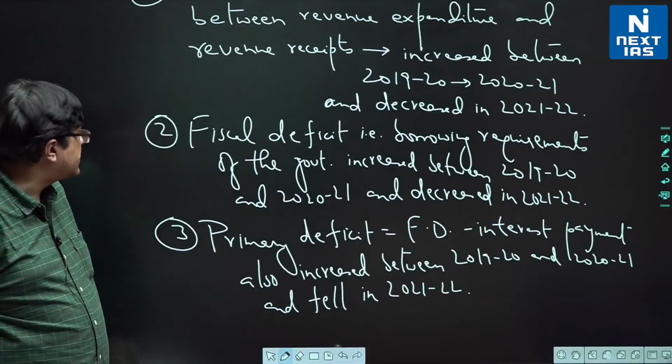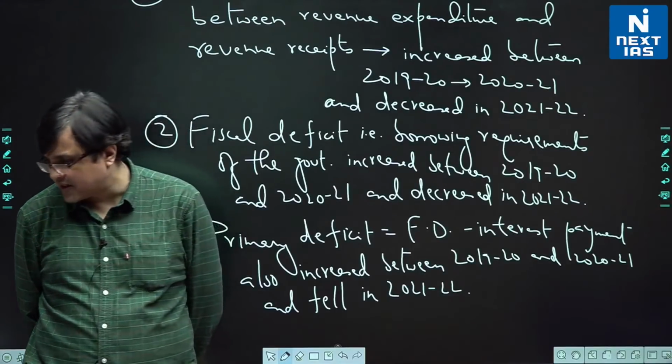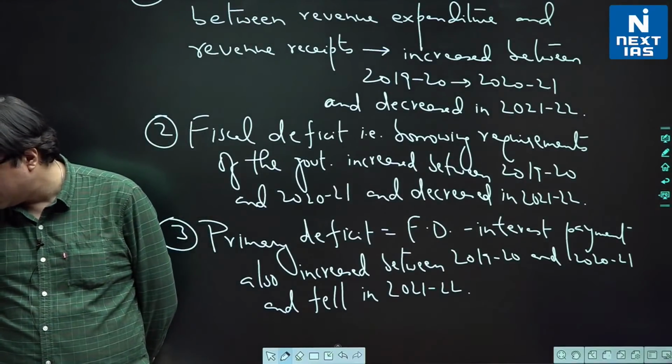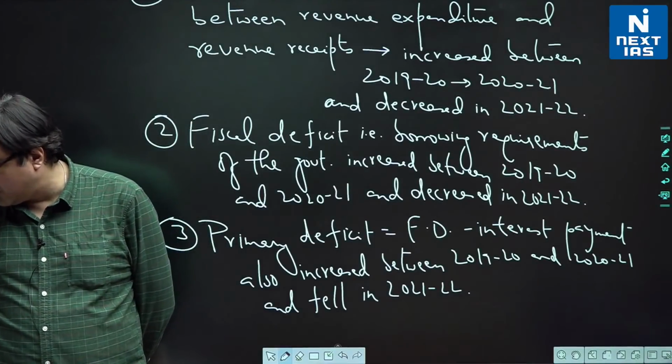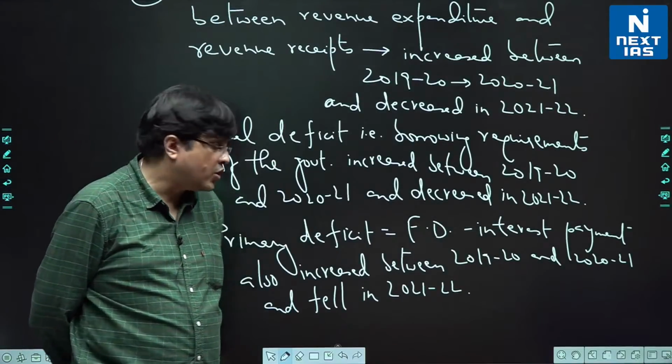Now see, after having said this on revenue deficit, fiscal deficit and primary deficit, that is one part that you should always keep in mind. Then, capital expenditure has shown a continuously rising trend.